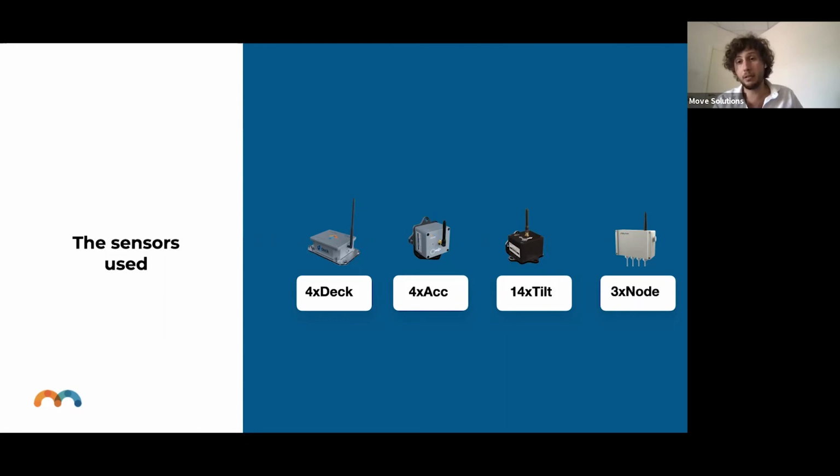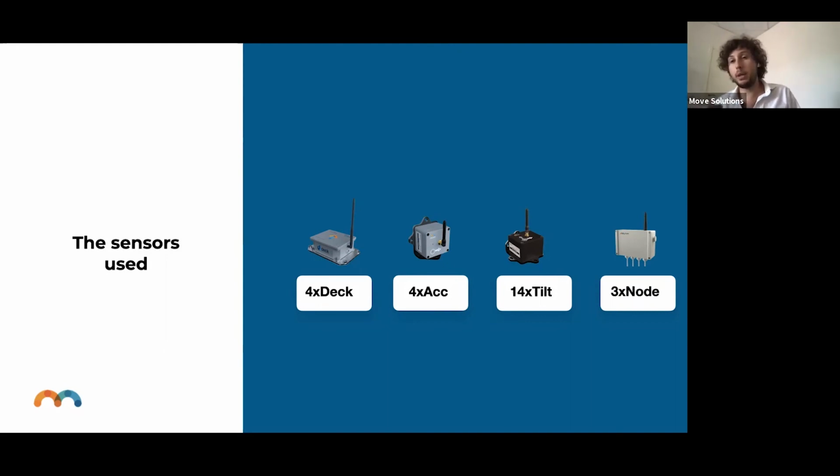We placed the deck sensors for dynamic displacement analysis due to low traffic passing. The accelerometers to perform mode shape analysis. Then we placed the tilts for load testing, or rotation, in case the concrete wasn't, let's say, good.